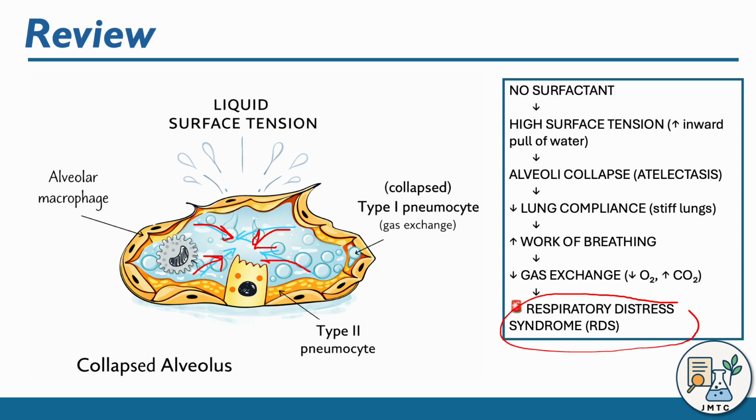So, walang pipigil. Walang magbabawas ng surface tension. So, mataas ang tension, that's the start of collapse ng alveoli natin or what we call atelectasis. Dahil sa inward pull, the alveoli become unstable, lalo na during expiration.